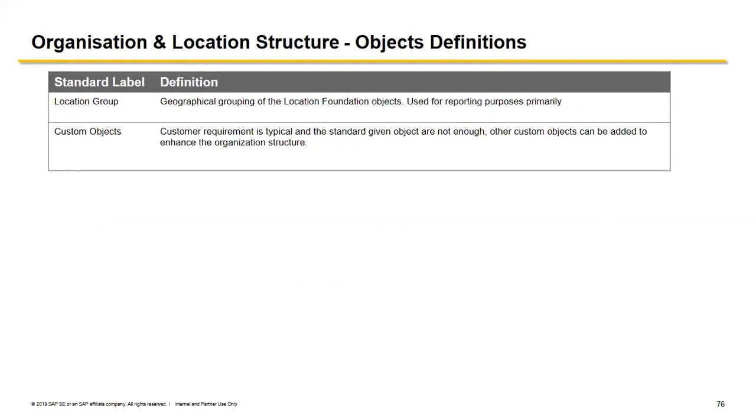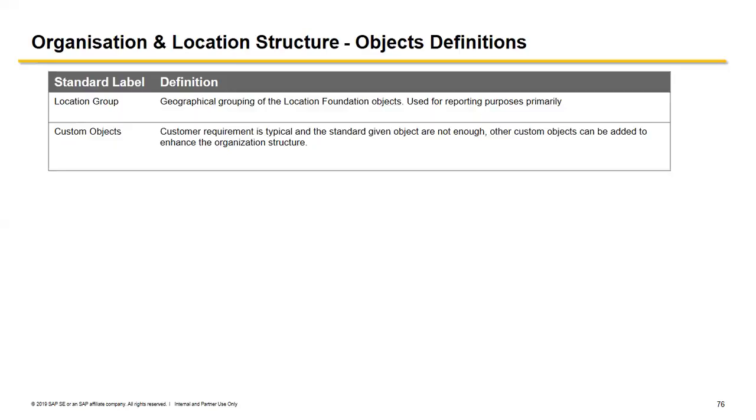Then we have location group, meaning a geographical grouping of location foundation objects, used primarily for reporting purposes. If you are implementing for a customer who has hundreds of locations, and you want to categorize your locations into different groups.